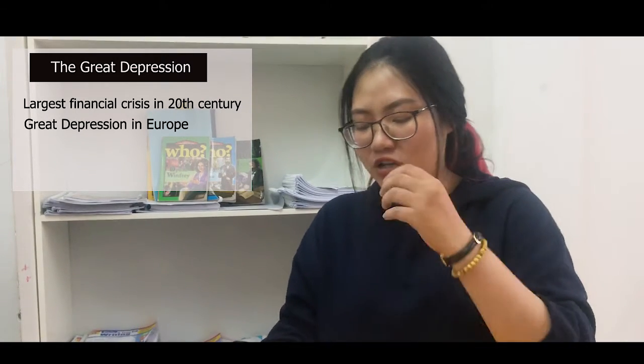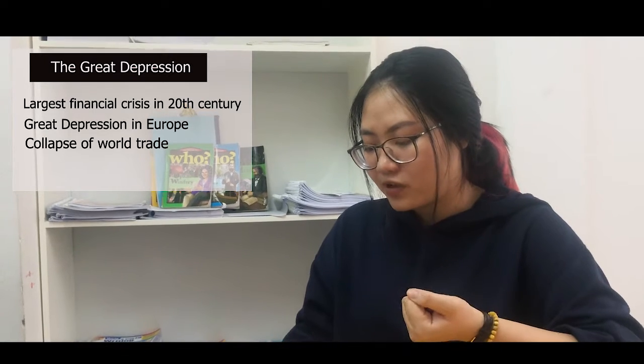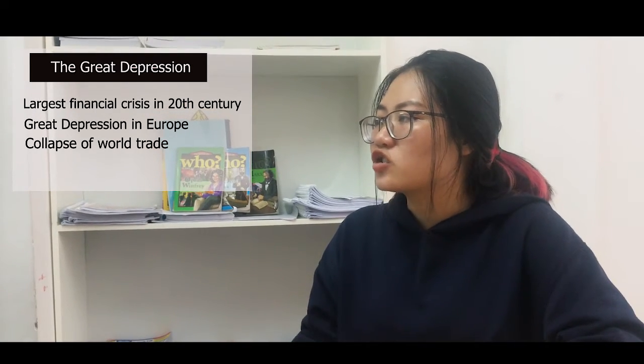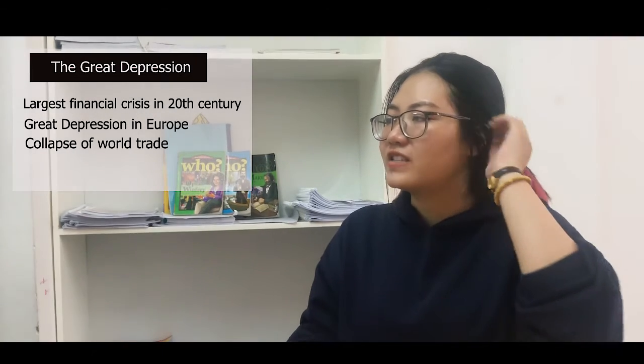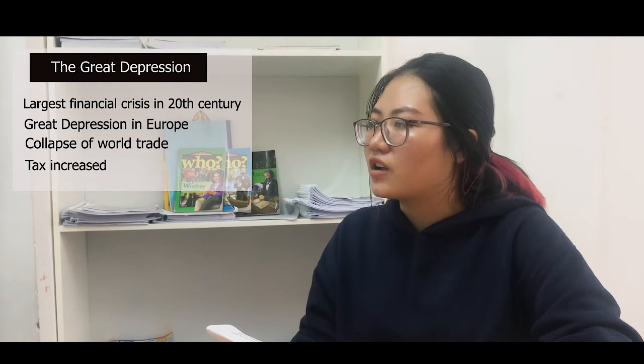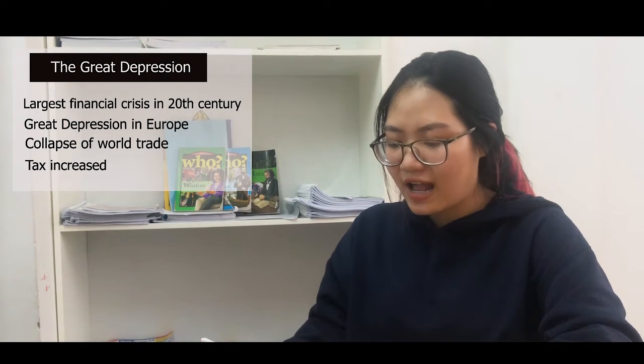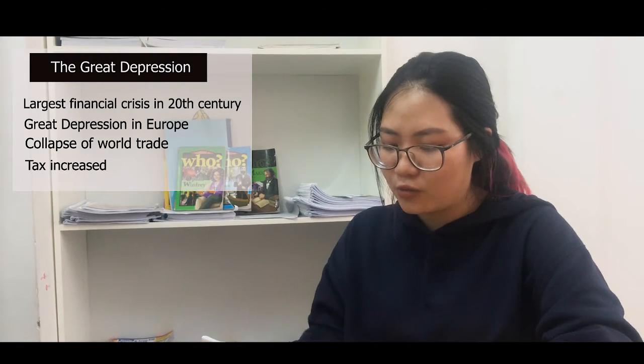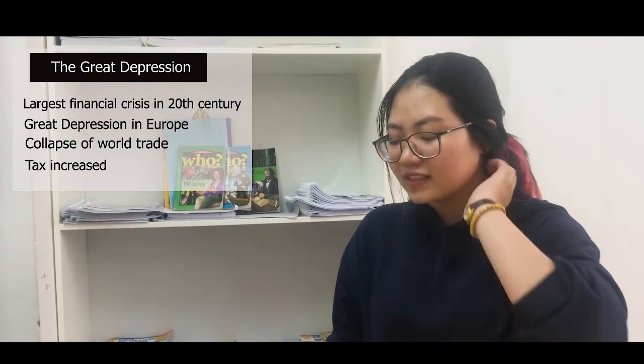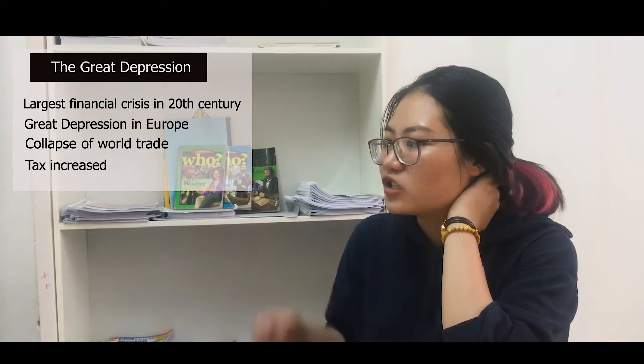The Great Depression was a collapse of world trade, and the sharp decline was brought on by a round of tax increases on imported goods and tariffs instituted by nations turning inward, trying to bolster their own ailing economies.